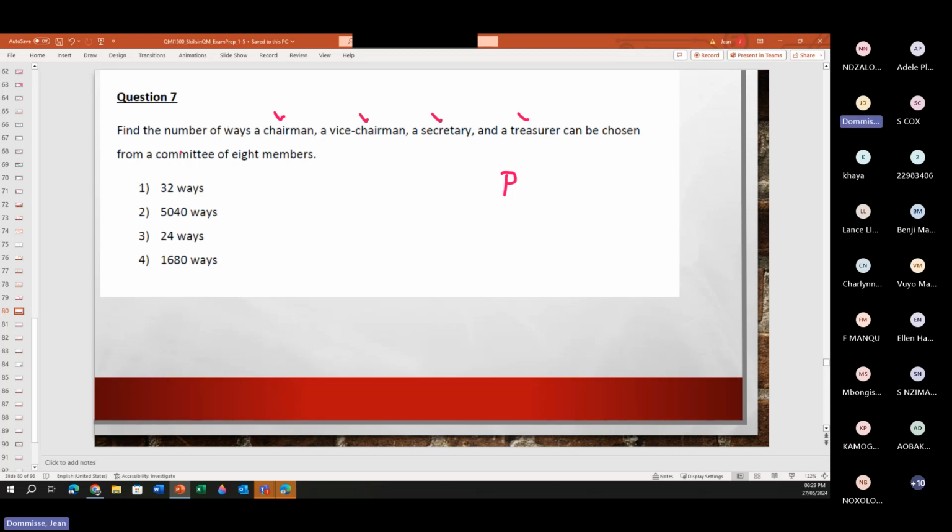Can be chosen from a committee of 8 members, so we've got n equal to 8.